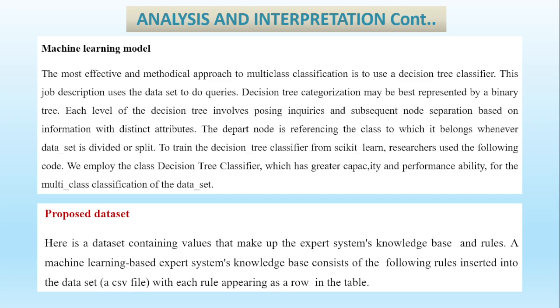Now, this is the dataset. This format is also a CSV file. The dataset contains values and rules, the knowledge base values and rules. A decision tree classifier is used for multi-class classification and splits data into smaller groups based on attributes. The dataset is stored as a CSV file and serves as the knowledge base for training the expert system.